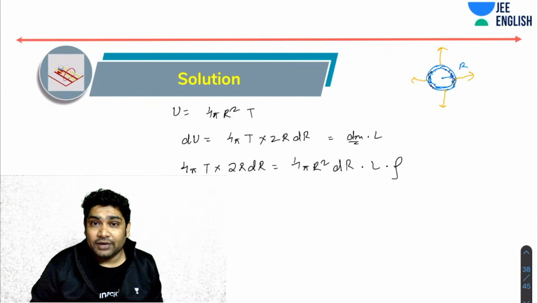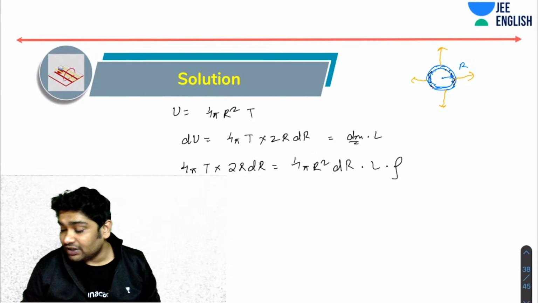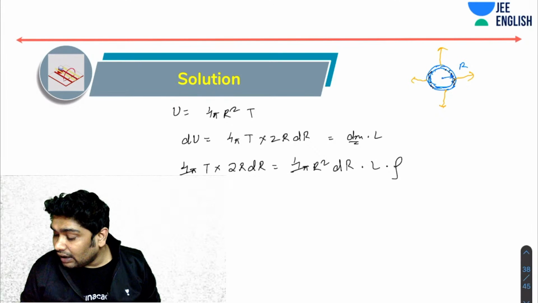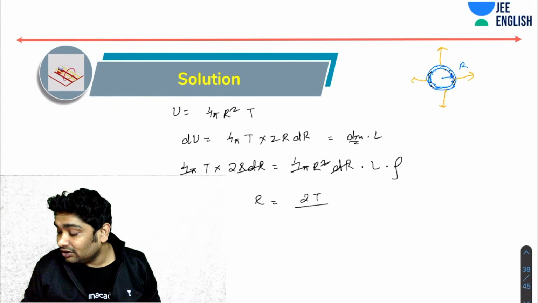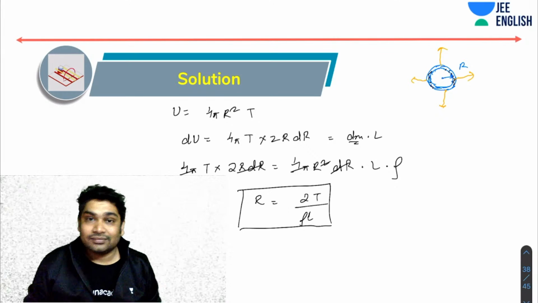Correct? The volume into density, that is the mass dm, into L. This is the latent heat of vaporization. So you can cancel out 4π, and r dr and 1 r and dr. And what you realize is that r should be equal to 2T over ρL. That is the required answer.